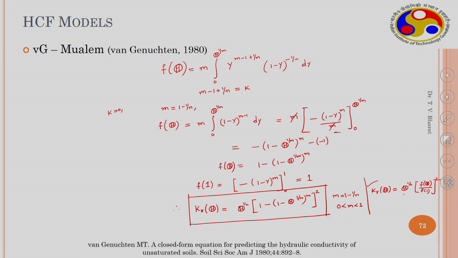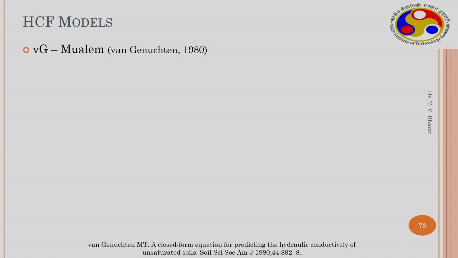So, these are the conditions for this particular form of equation. Similarly, we can derive for Burdine's model, and similarly another particular solution can be derived for k equals to 1. So, this becomes m plus 1 by n minus 1 is equal to 1, that means m is equal to 2 minus 1 by n.